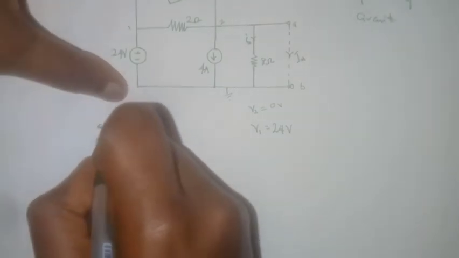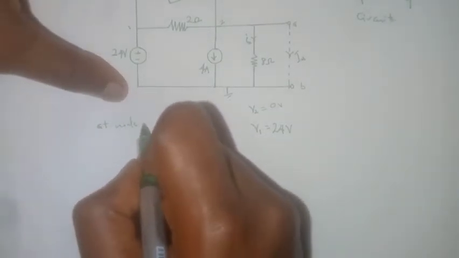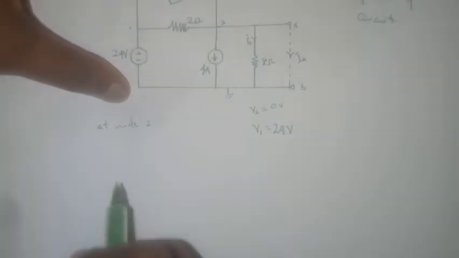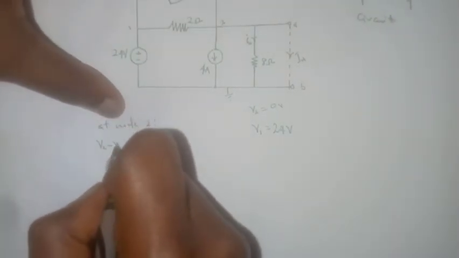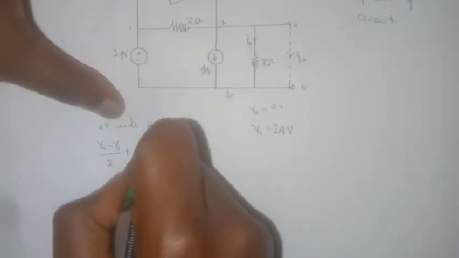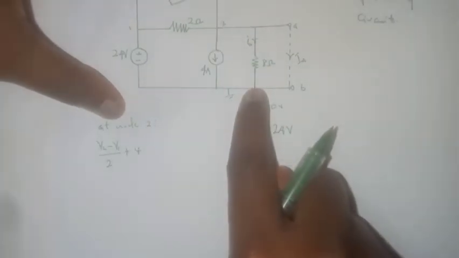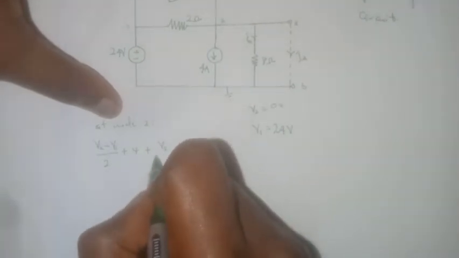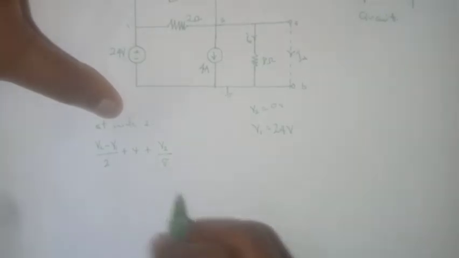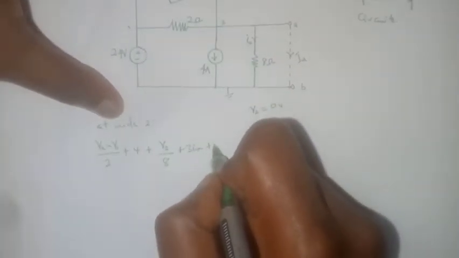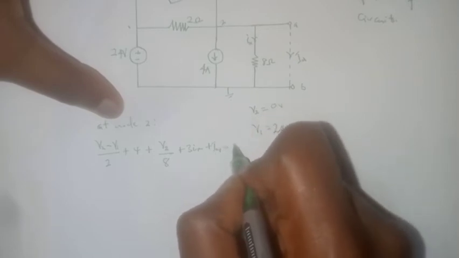At node 2, (V2 minus V1) over 2, plus 4, plus V2 over 8, plus 3Ix, plus I_N equals 0.